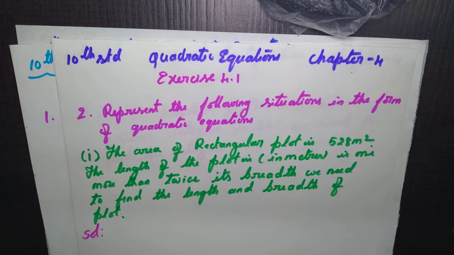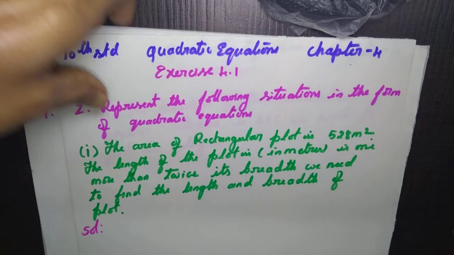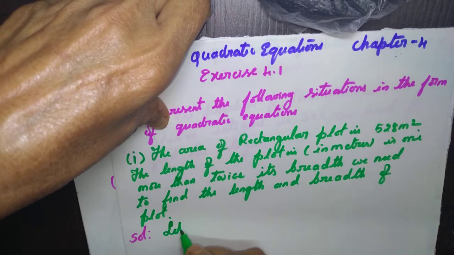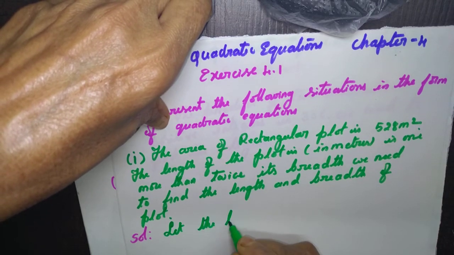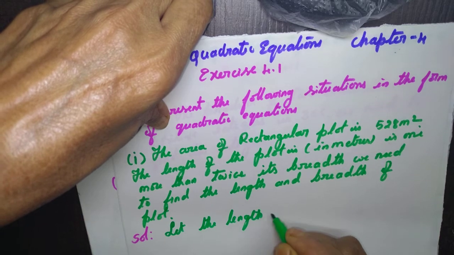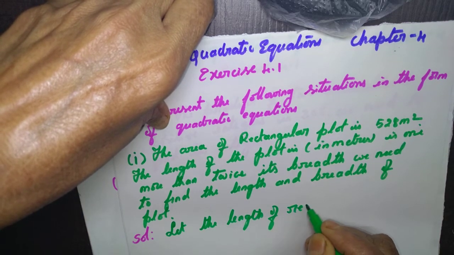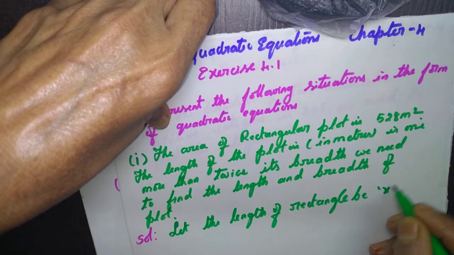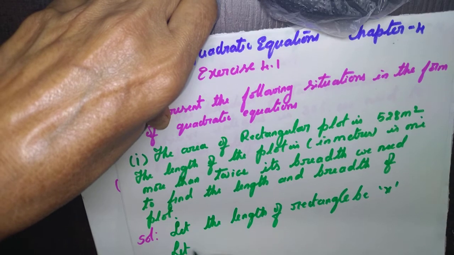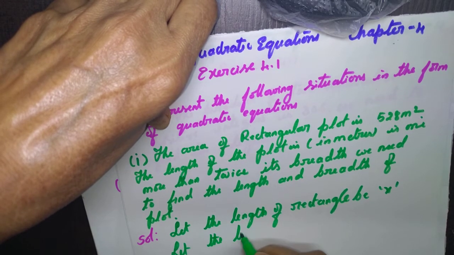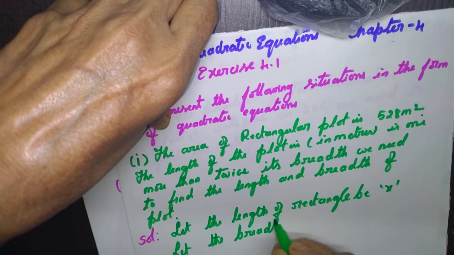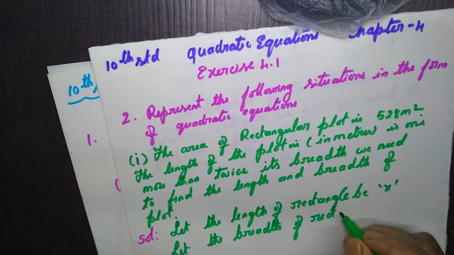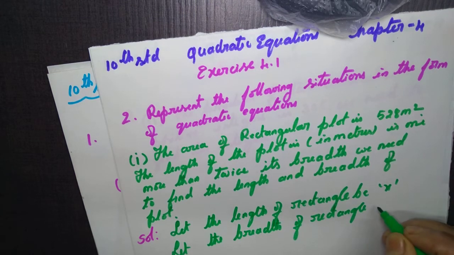What is the area of the rectangle? Let the length of the rectangle be x, and let the breadth of the rectangle be y.